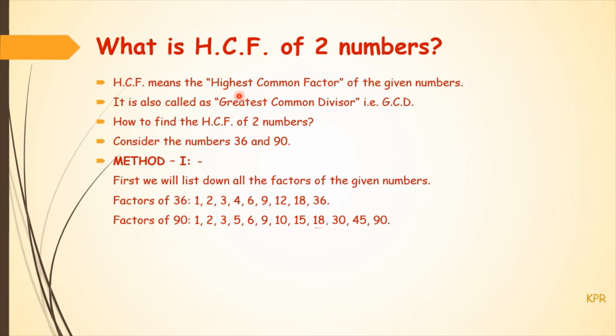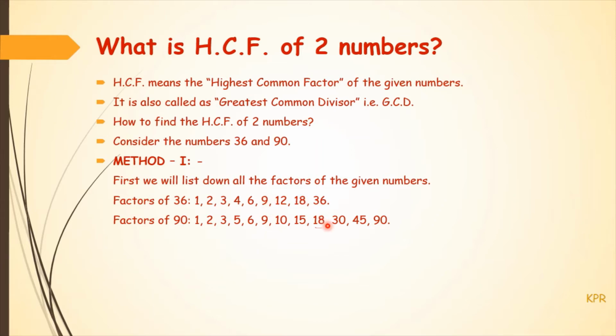As we want to find the highest common factor, first we will observe the common factors from these two lists. You can observe here 1, 2, 3, 6, 9 and 18.